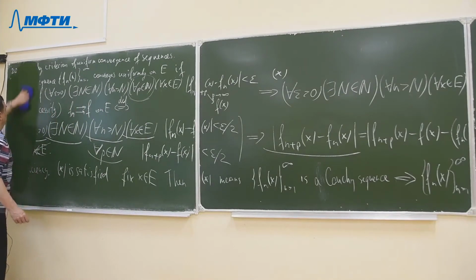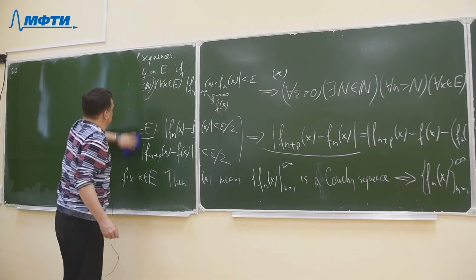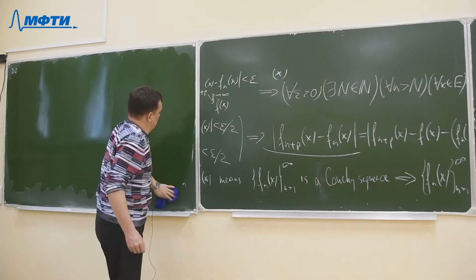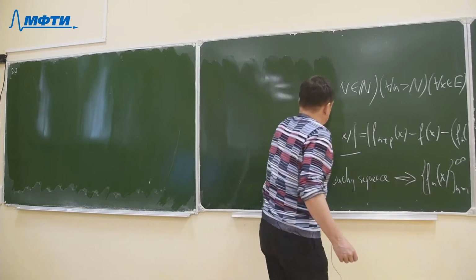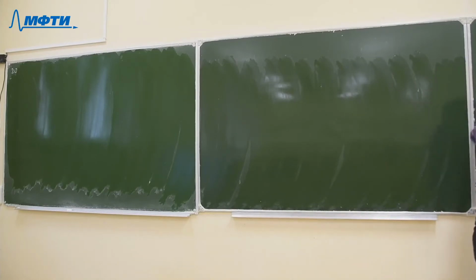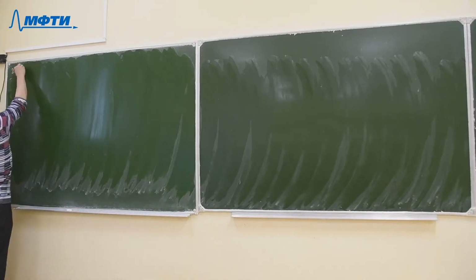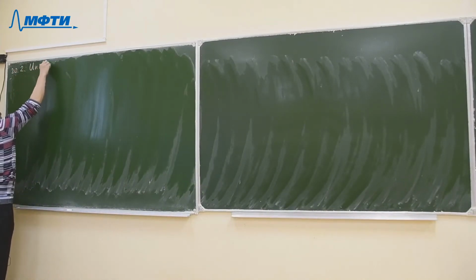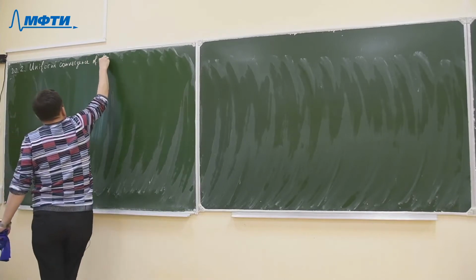So, 20.2, uniform convergence of functional series.